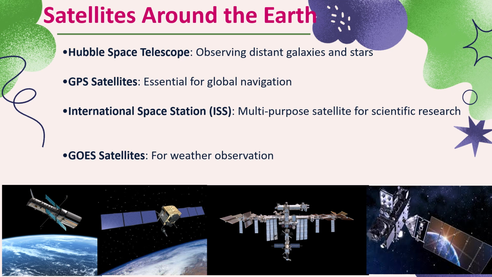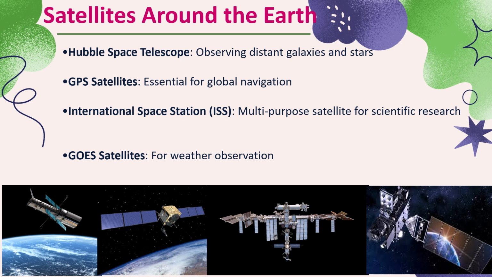So now, satellites around the Earth: the Hubble Space Telescope, GPS satellites, the International Space Station, and GEOS satellites. So what is the Hubble Space Telescope?